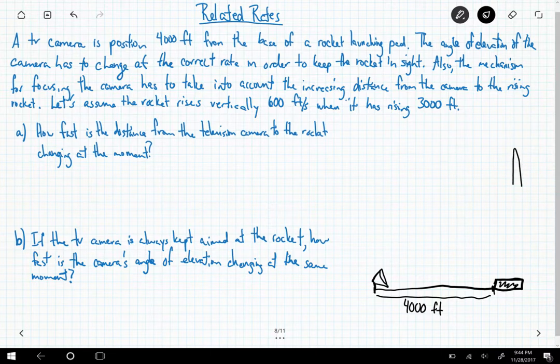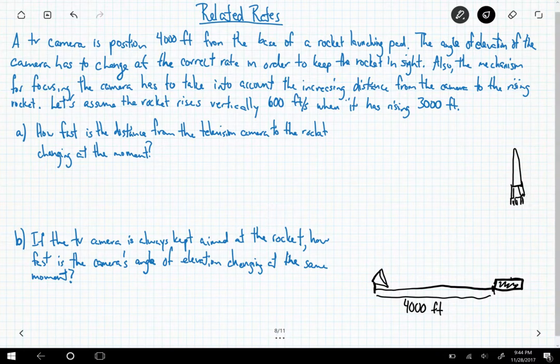So there's our rocket ship, a rocket ship flying on up. Don't worry, that's a beautiful drawing of a rocket ship, just in case you didn't notice that yet. So the camera's trying to focus this in.